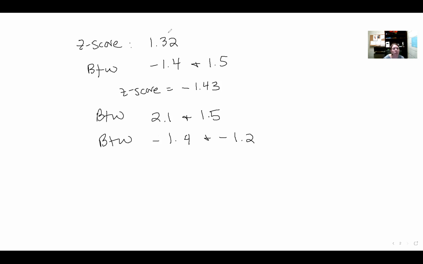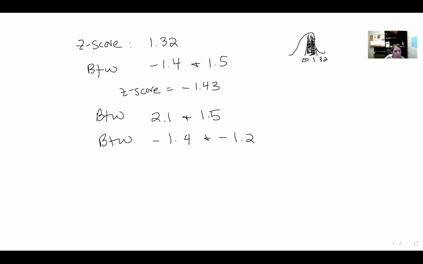All right, so if we're finding the z-score of 1.32, I'm going to draw my bell-shaped curve. There's 0 and then 1.32. I just want to find our regular old z-score from 0 to 1.32. So I go to my chart and I'm looking up 1.32. That's going to be this one right here. You see 1.3 and then 0.02.